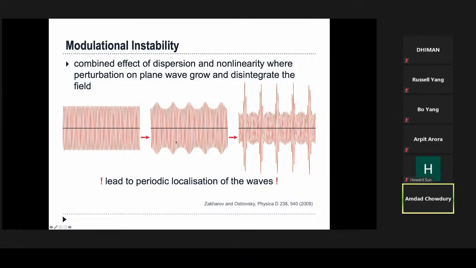And on a small part of this carrier wave, we can see a slight modulation develops on the carrier, and the carrier eventually grows into a train of pulses like this. So that's how instability gives rise to a series of pulses.